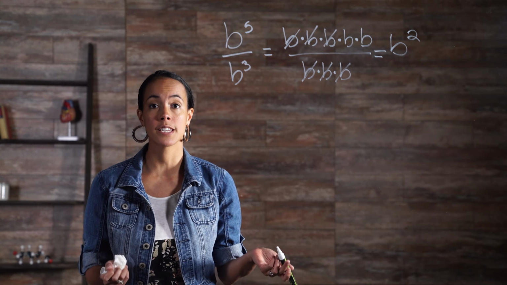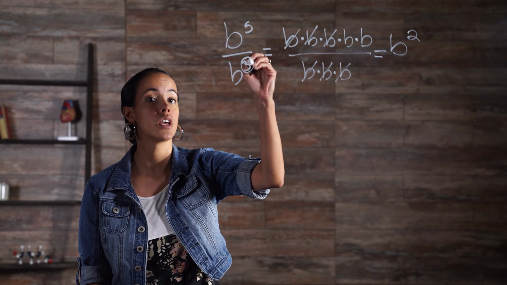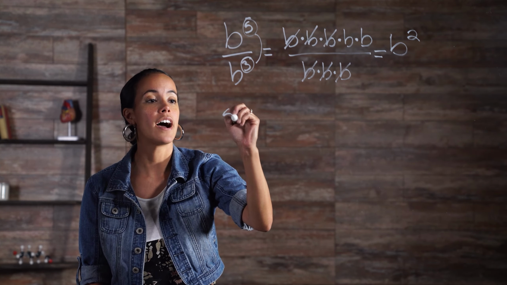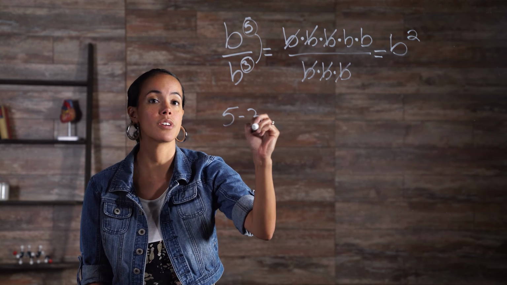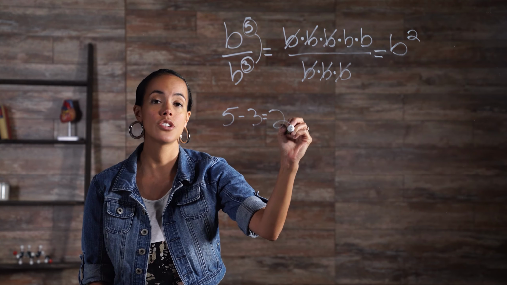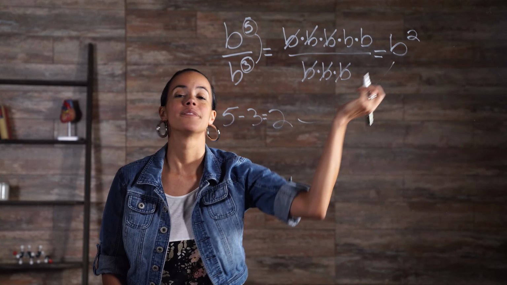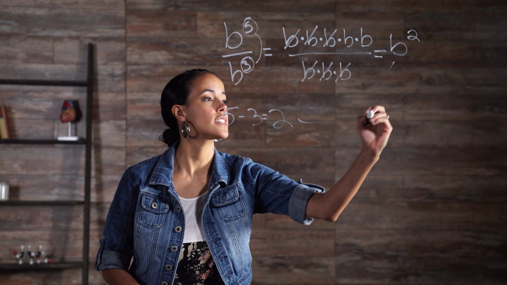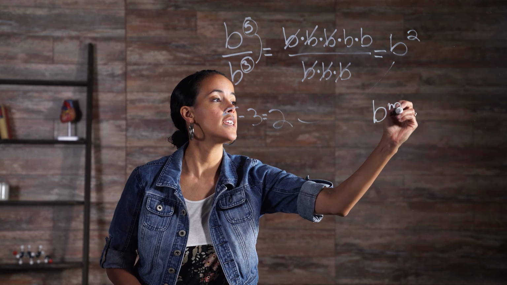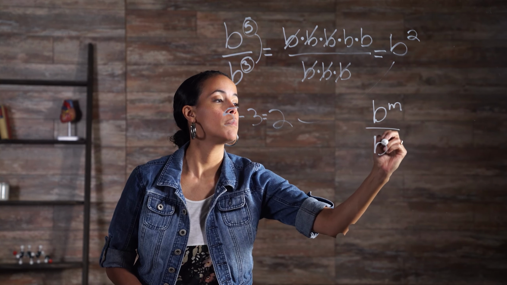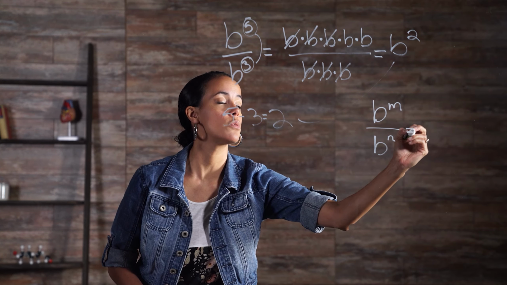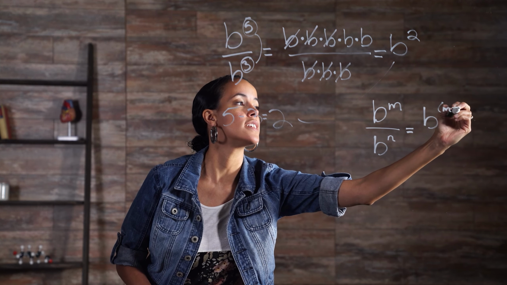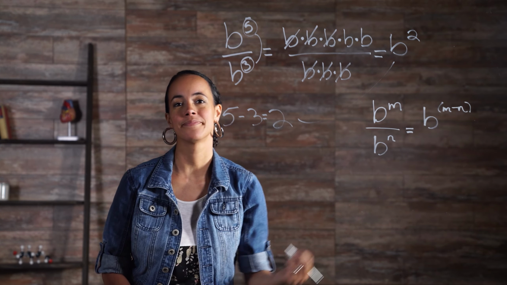Simply subtract the exponent of the denominator from the exponent of the numerator. 5 minus 3 equals 2. The general form for quotient of powers property is b to the m over b to the n equals b to the m minus n.